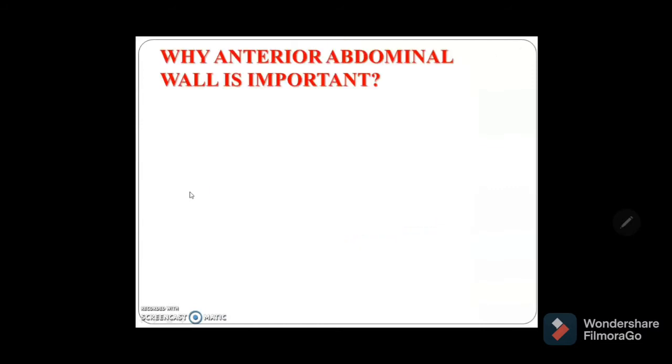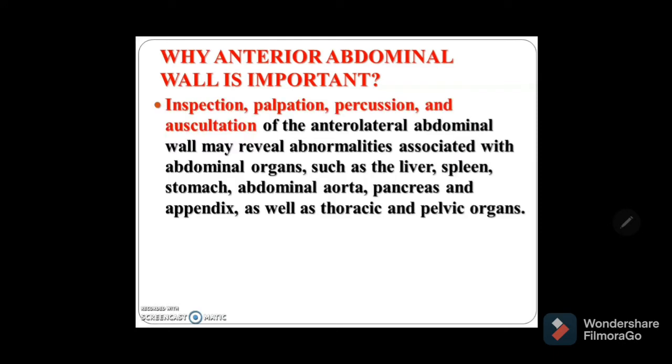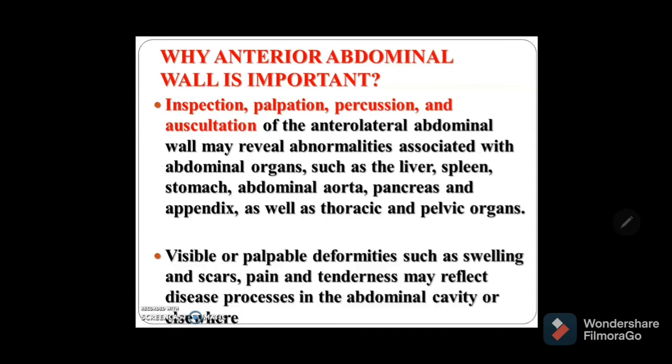And why is this anterior abdominal wall important, why should you know about this? Because in the clinical examination, we have inspection, palpation, percussion, auscultation of the abdominal wall, revealing the abnormalities associated with the different abdominal organs, like liver, spleen, stomach, aorta, pancreas, appendix, as well as thoracic and pelvic organs.